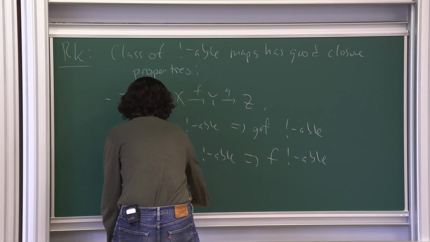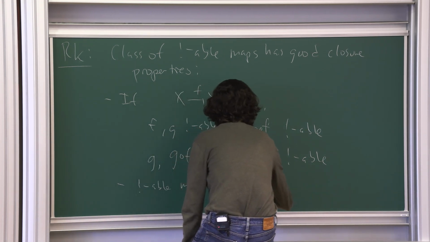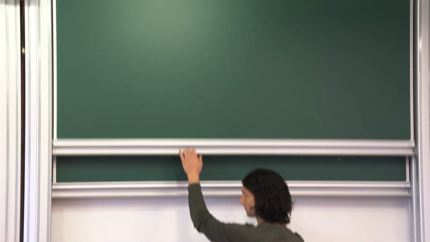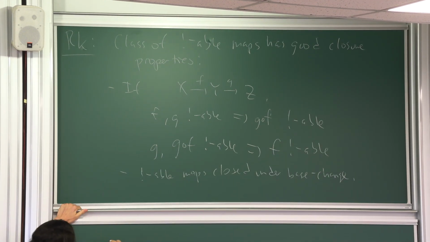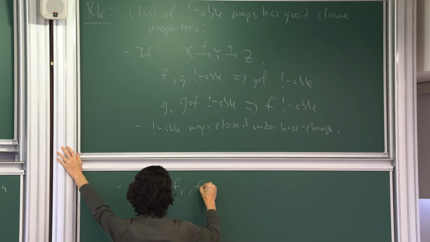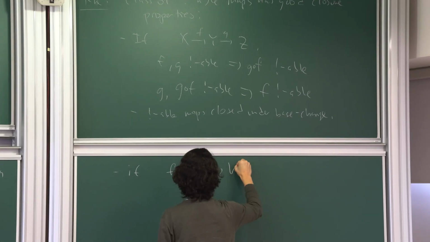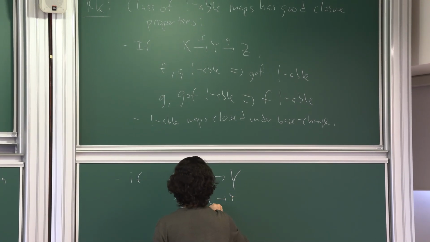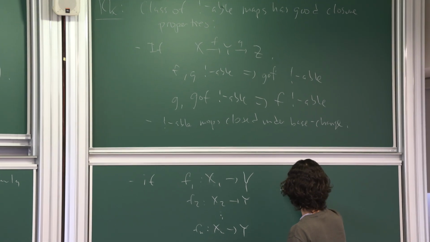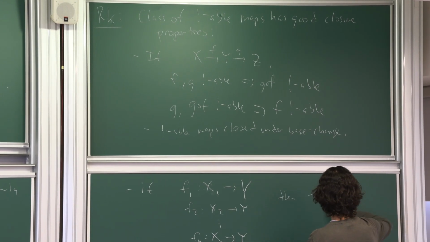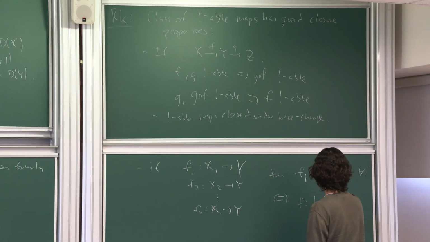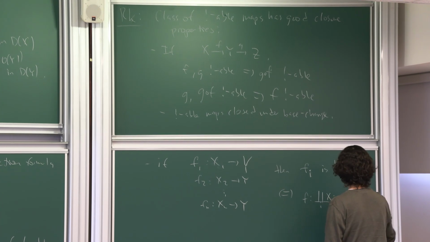Shriekable maps are closed under base change. Oh, and maybe I'll add one more. If f1: X1 to Y, f2: X2 to Y, fn: Xn to Y are maps with the same target, then fi is shriekable for all i if and only if the map f from the disjoint union over i of Xi to Y is shriekable.